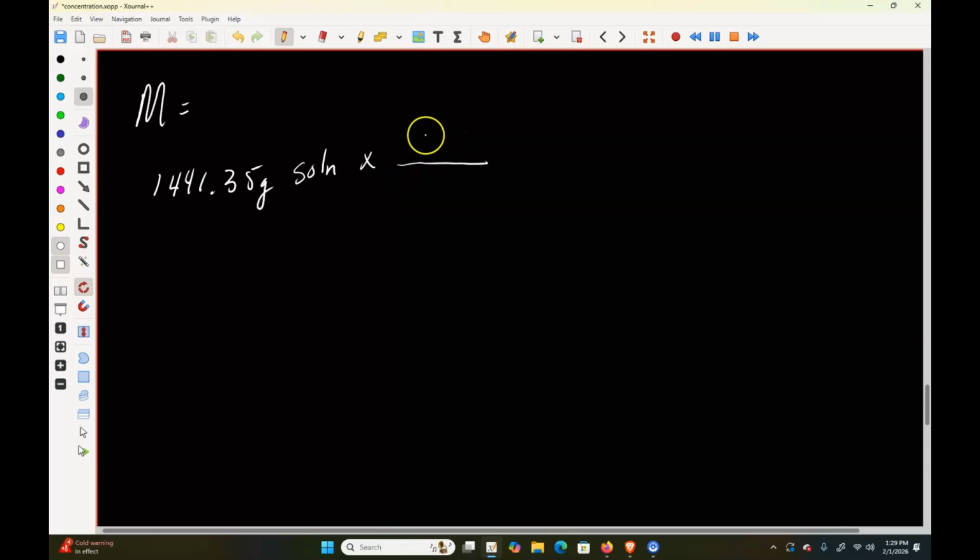To find the molarity, I'm going to start with the 1441.35 grams of solution. I'm going to multiply it times the density. So 1 milliliter is 1.122 grams. Grams cancel, which gives me 1284.63 milliliters of solution.